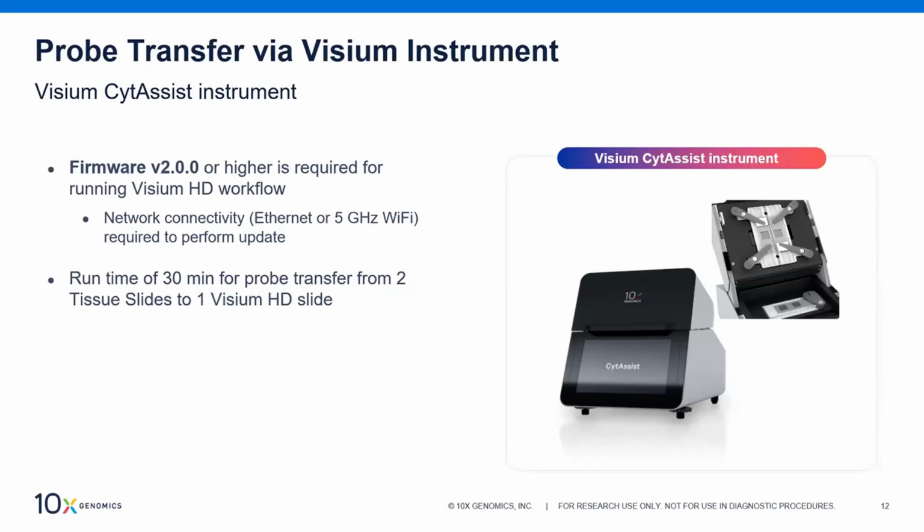The workflow itself, or the runtime, is still 30 minutes, to basically transfer the probes from 2 tissue slides onto the 1 Visium slide. The instrument needs to be connected to the internet to be able to download this necessary firmware. This can be either an Ethernet connection or Wi-Fi, both work completely fine. And honestly, this makes the upgrading extremely easy to handle.